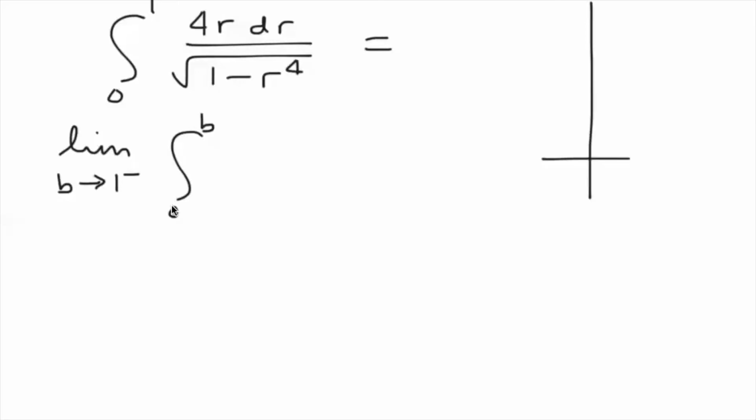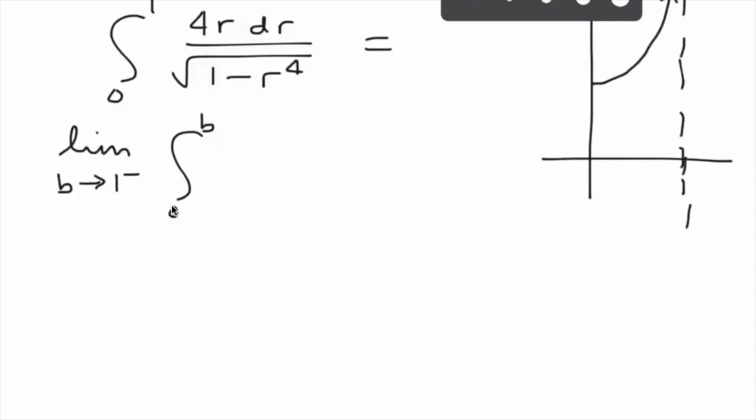Suppose the graph of this function, I don't really have any idea what it looks like, but suppose it looks something like this. We're trying to find the total area under that curve. So what we're going to do first is put a number b right about here, and then we're going to let that number b creep closer and closer to 1 from the left.